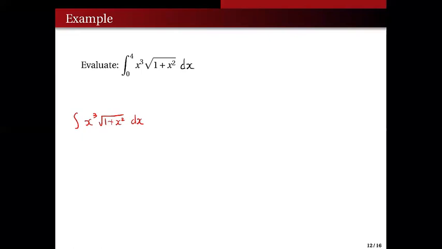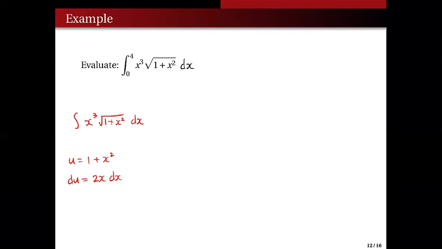So from here, we do the substitution. Again, we can let u be equal to 1 plus x squared. Du is equal to 2x dx. Now look at this. I have x cubed square root of 1 plus x squared. This x cubed here, I can rewrite as x squared times x.